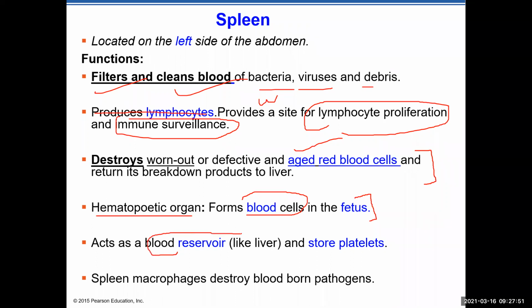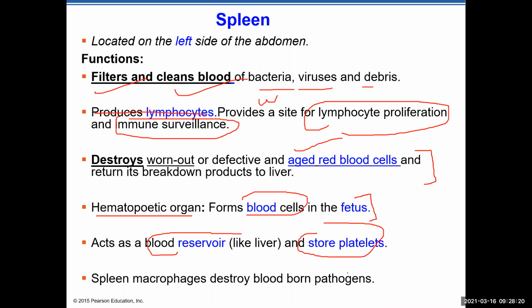What does that mean? God forbid, if a person meets with an accident, some amount of blood is going to be squeezed from the spleen and sent to the body. They also store a lot of platelets. That is why the spleen is considered the largest lymphoid organ.